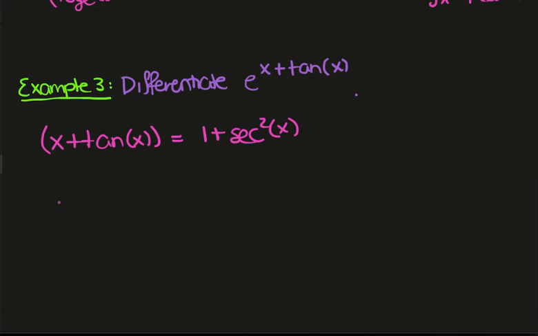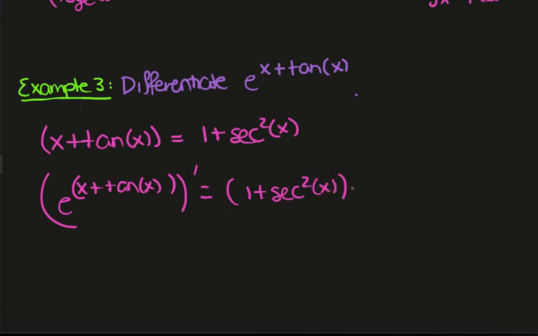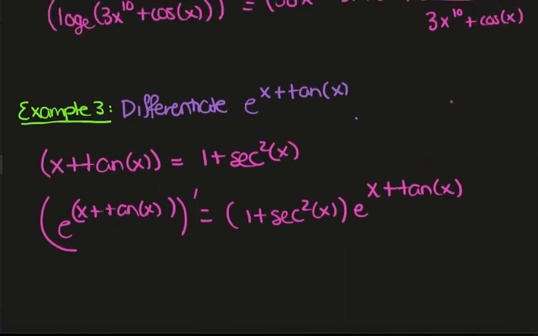So now the derivative of e to the x plus tan x is just given by 1 plus sec squared x. And then we just leave it alone with the usual, because the derivative of e to the x is e to the x.